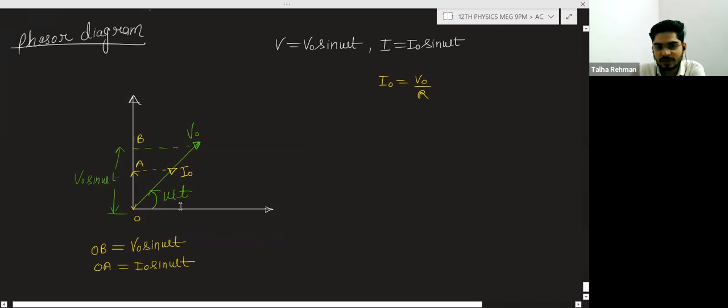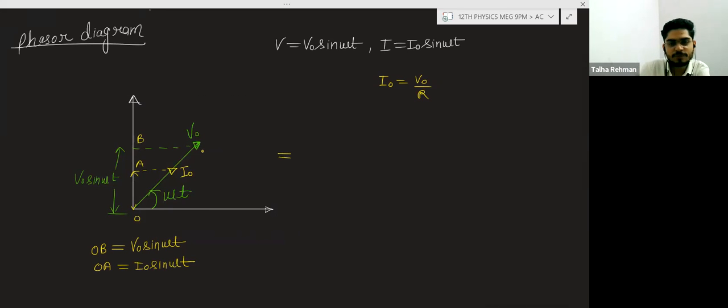And one thing more: current and voltage are in the same phase. So for solving the question, we can use this. This is voltage and this is your current. Both are in the same phase.